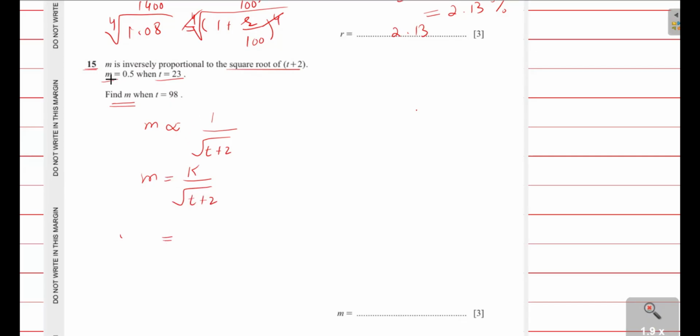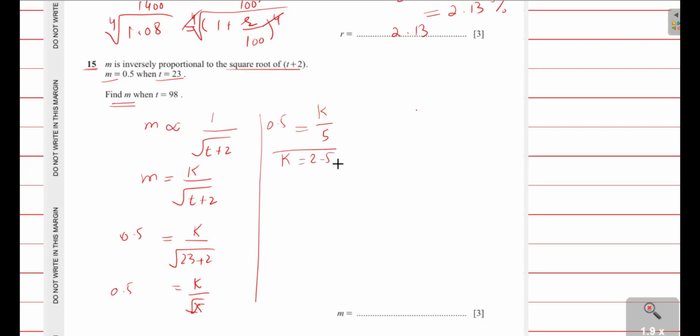Look here, the value of m here is 0.5. k we write as it is, and t here is 23 plus 2 under the square root. Therefore, the value of k will be equal to 0.5 over the square root of 25, so k over 5 equal to 0.5. k will be equal to 2.5, and we can write the equation m equal to 2.5 over the square root of t plus 2.